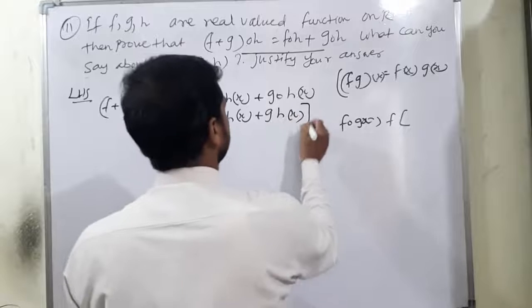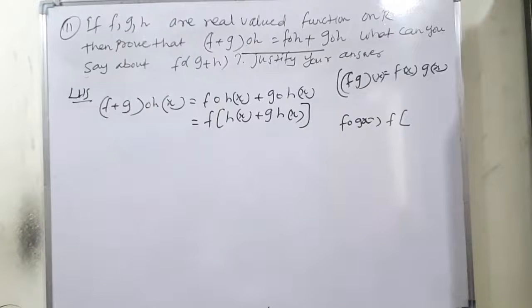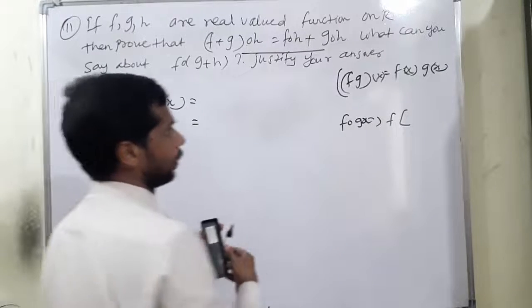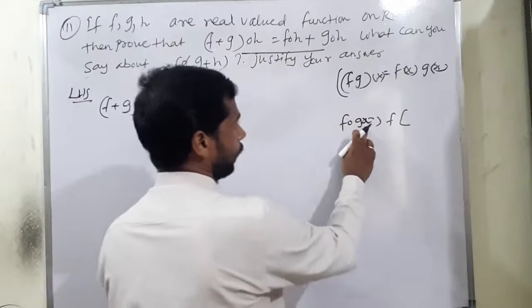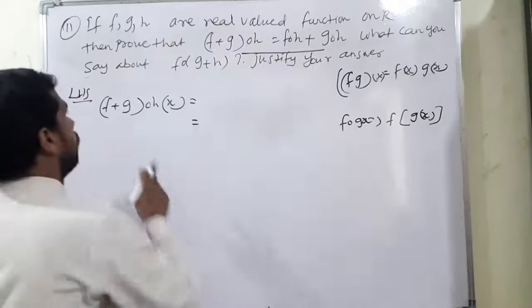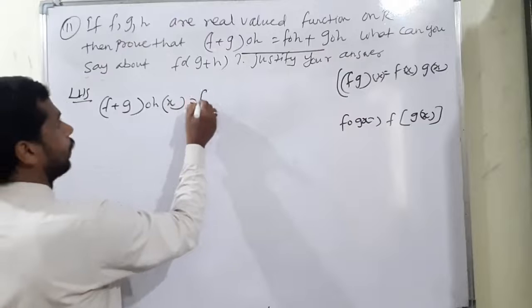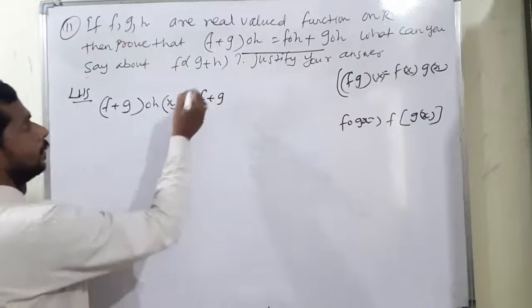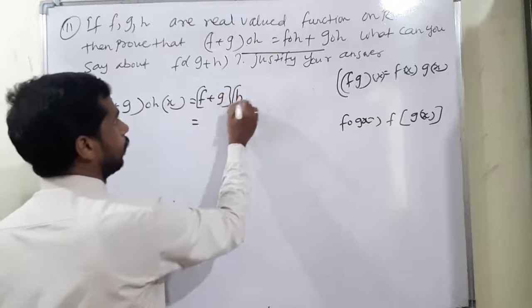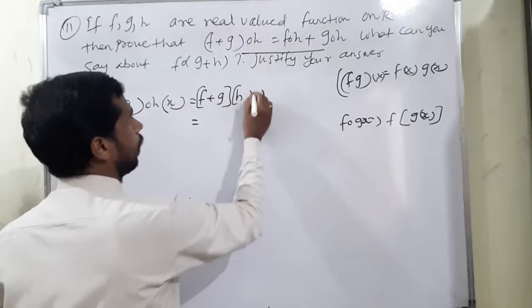Similarly, f dot g of x means f of g of x. Therefore, here the dot is there. Now directly we can write how? (f plus g) of, if you remove the dot, one bracket will come, f of h of x, isn't it?